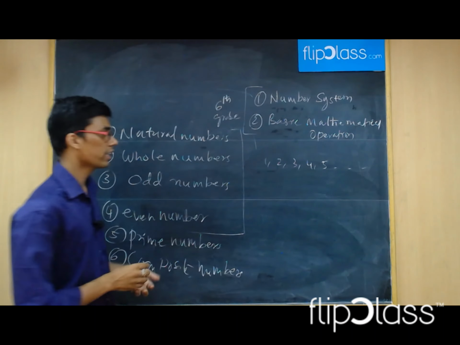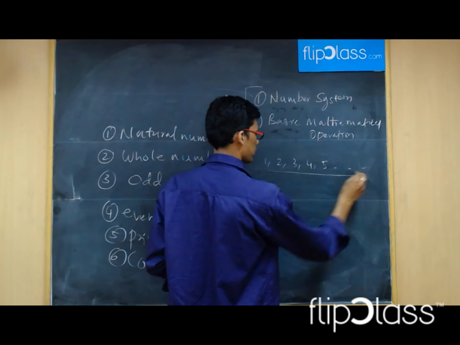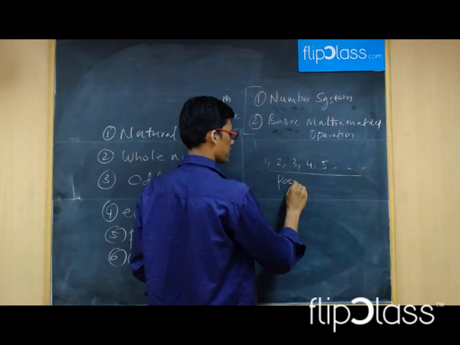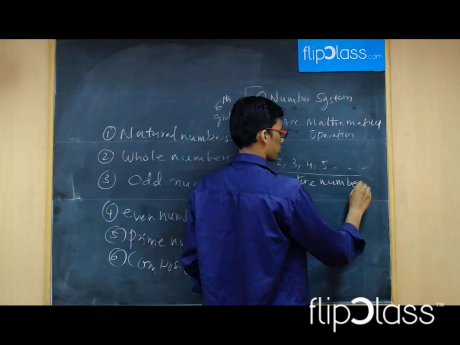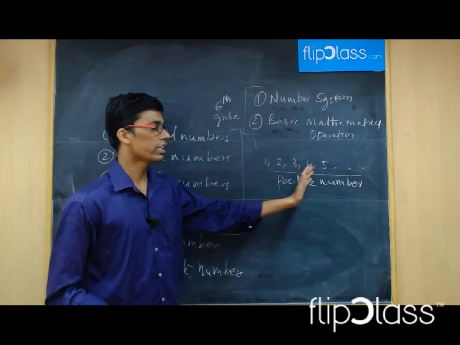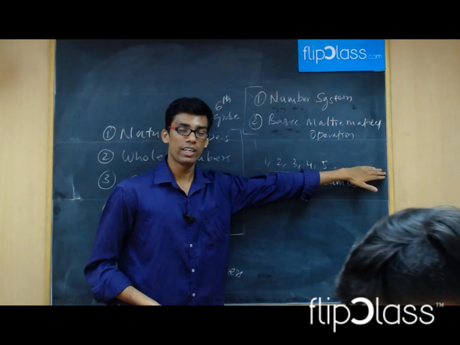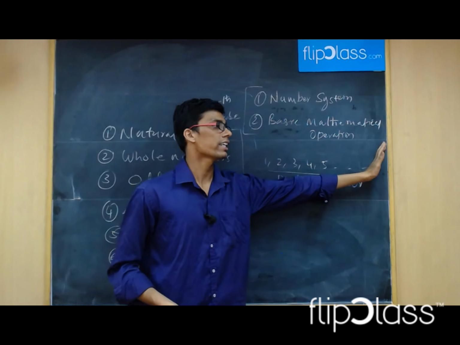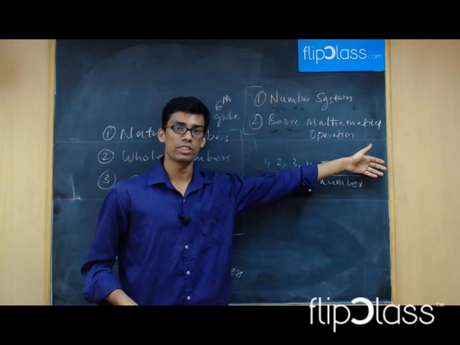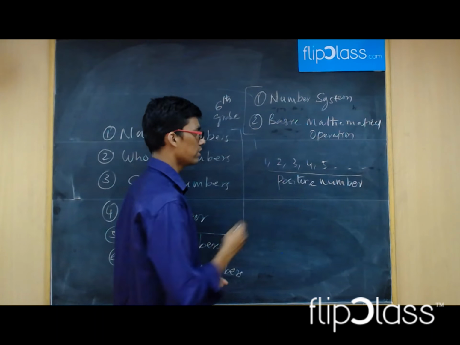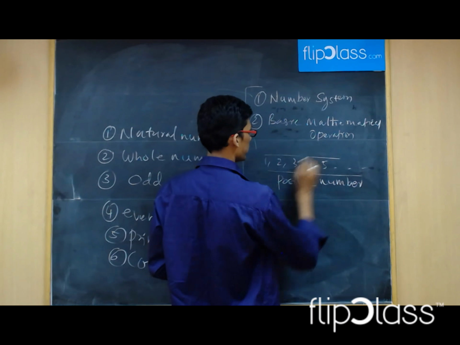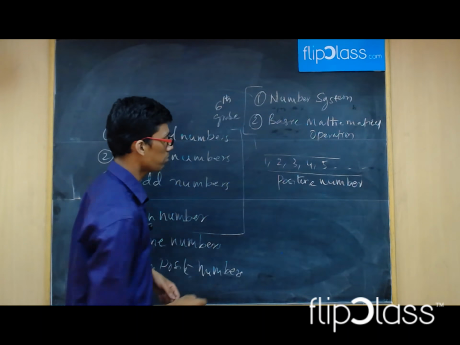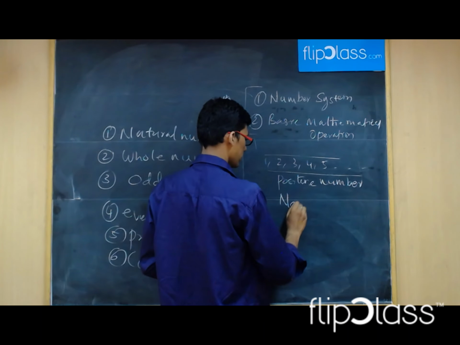These are all positive numbers, and this is a never-ending series. You can keep on writing a number and there will always be a number 1 or 2 numbers ahead. So these are positive numbers, and they are also called natural numbers.